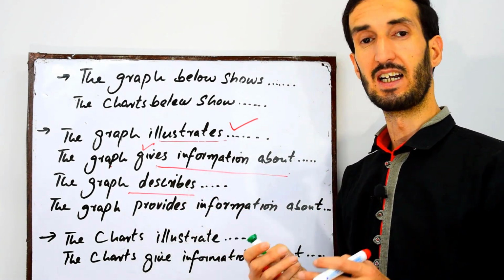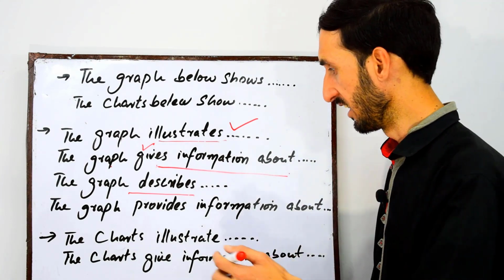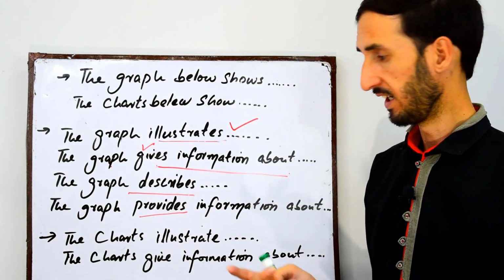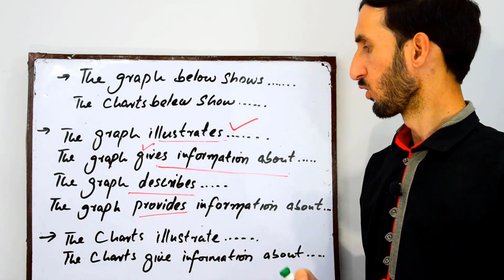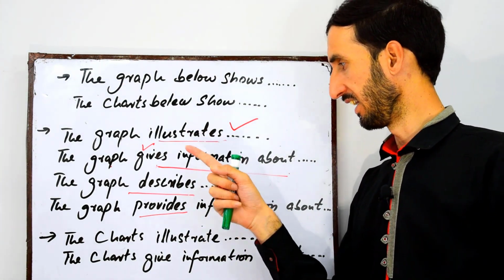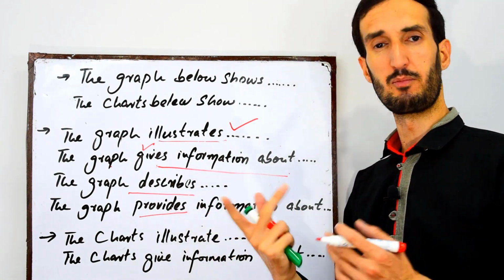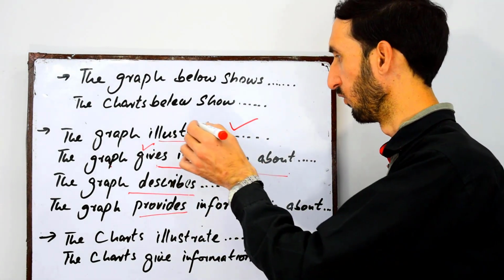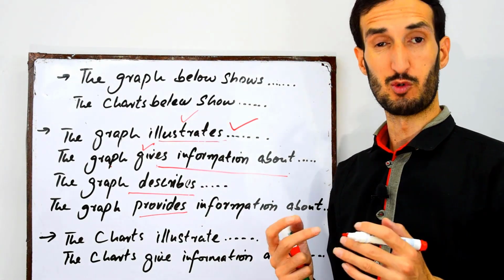This is "describes." You can also write this, "The graph provides information about." "Provides." There is also S. So up to you, you can use this line, this one, this one, this one, up to you. You have to choose one from here. Most of the time we go with this, "The graph illustrates."